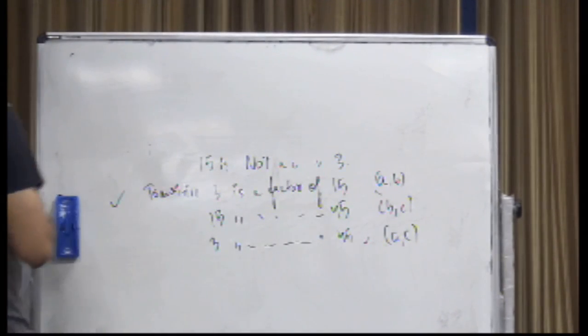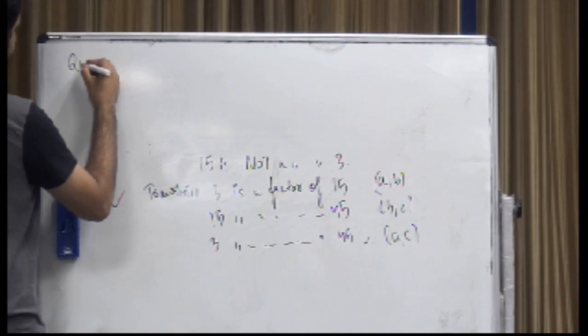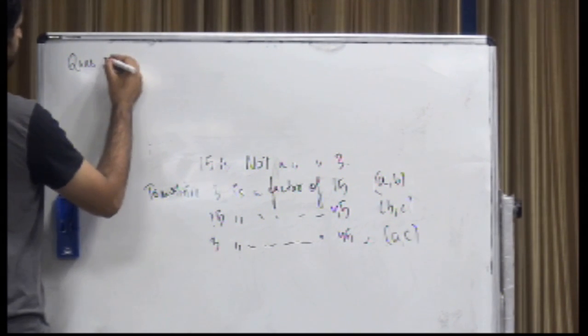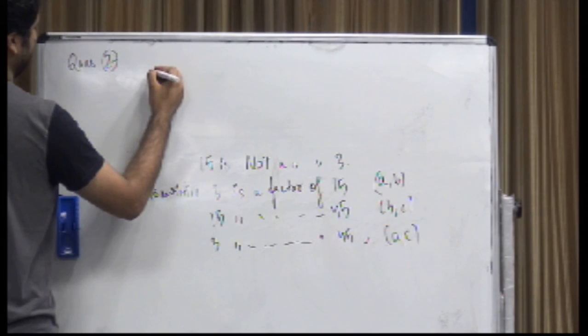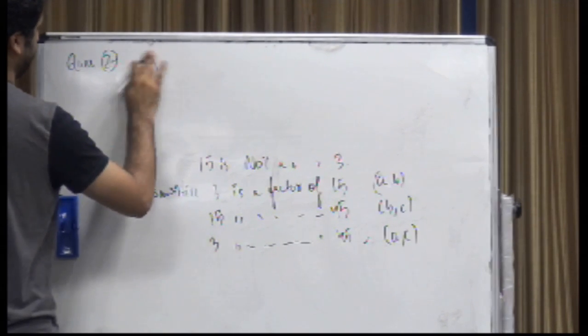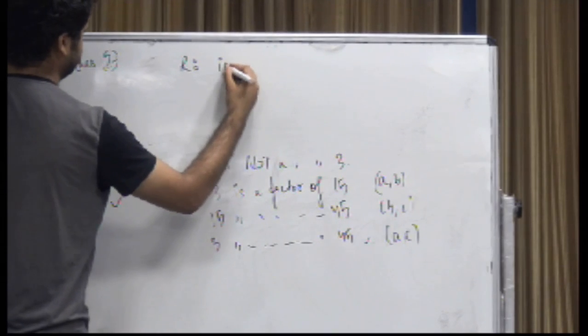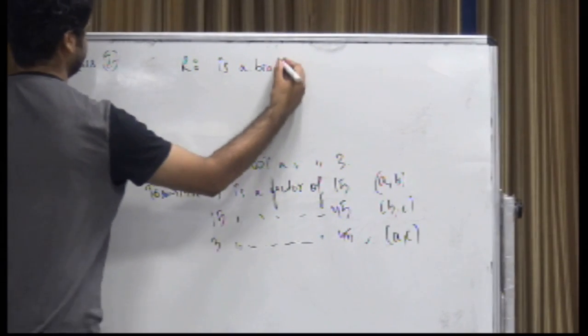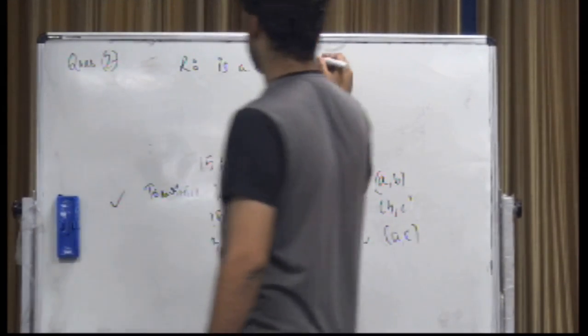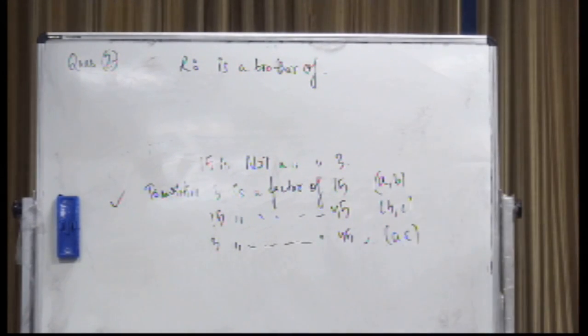So next, let's suppose you have, let's say, "is a brother of". This is a relation. So is this reflexive?